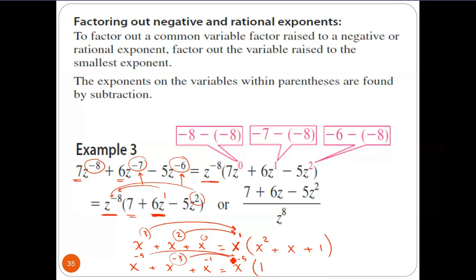Negative 3 minus negative 5، يعني minus 3 plus 5 بتصير x square. وهنا نفس الشيء negative 1 minus negative 5 equals 4. So we have x to the power 4 like this. Okay? Any question?